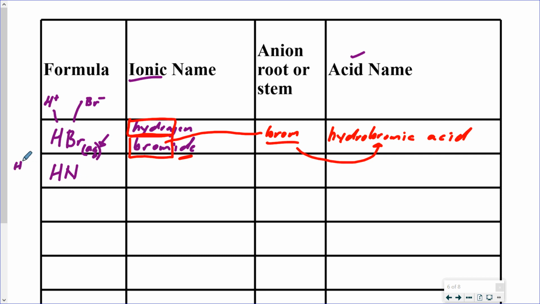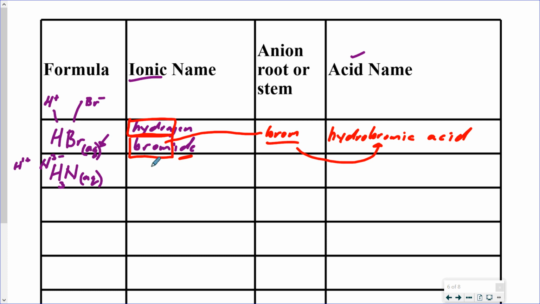Well, because hydrogen is 1 plus and nitrogen is 3 minus. Remember that this 1 associated with the charge on the hydrogen, it now goes to the lower right-hand side of nitrogen. We don't write it if it is a 1, but this 3 on the nitrogen goes to the lower right-hand side of the hydrogen. Put in AQ. So the correct formula is H3N.